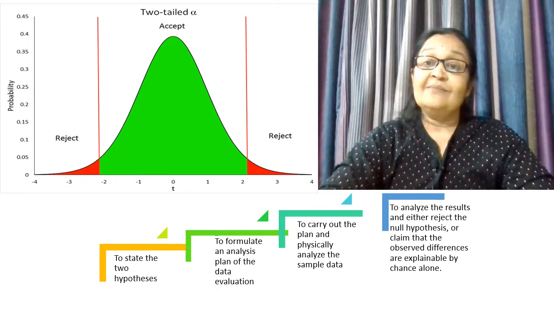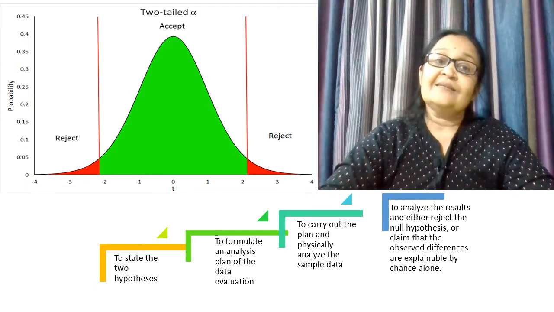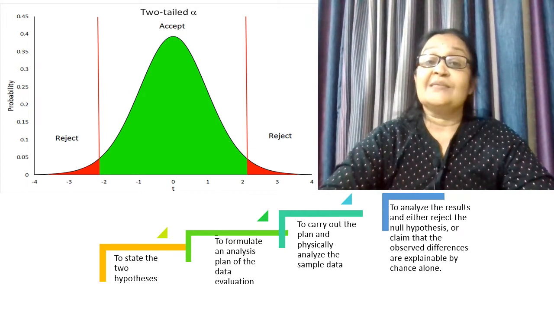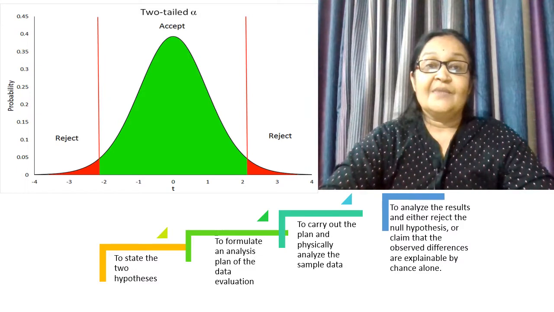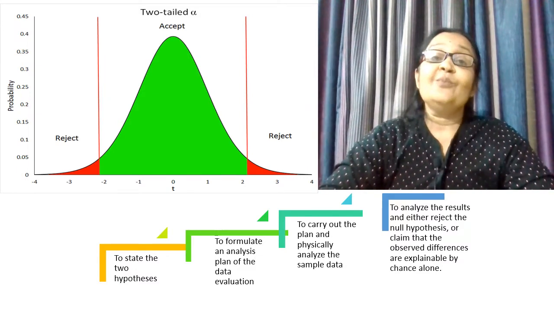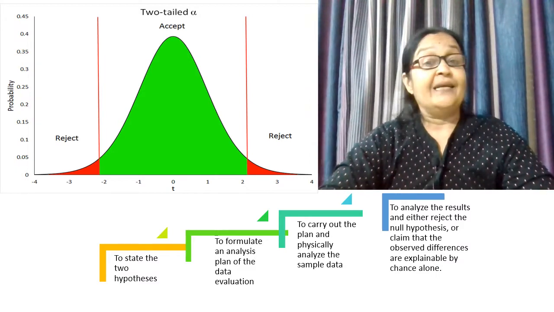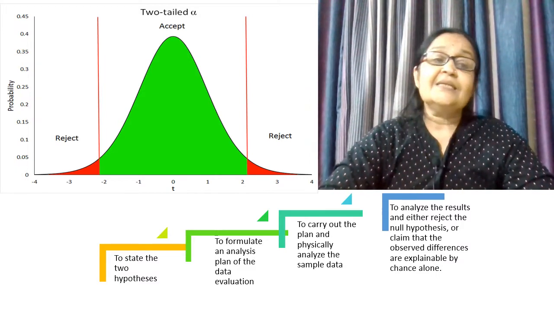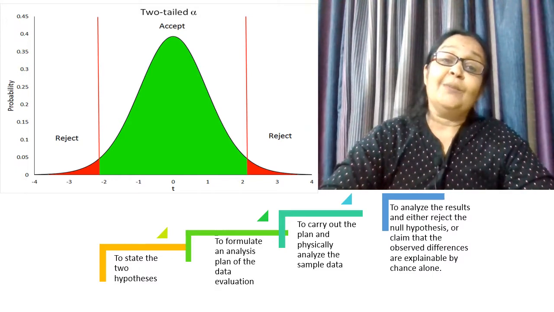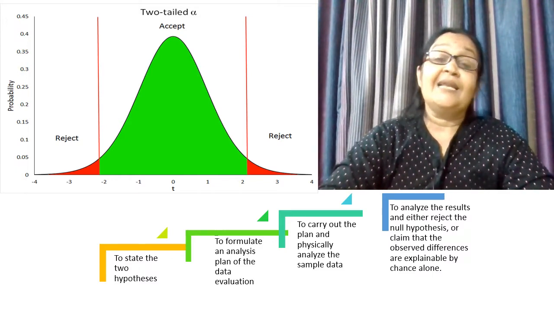Step number 1 for the analyst is to state two hypotheses so that only one can be right. The second is to formulate an analysis plan which outlines how the data will be evaluated. The third step is to carry out the plan and physically analyze the sample data.